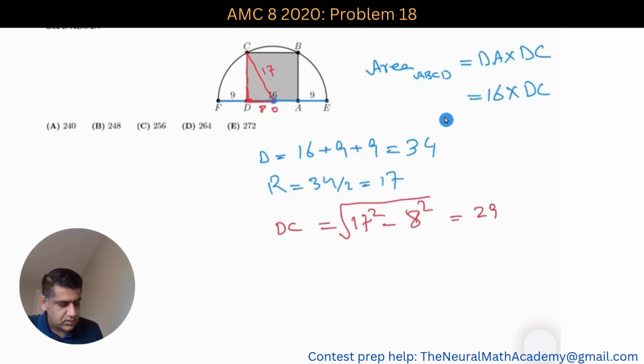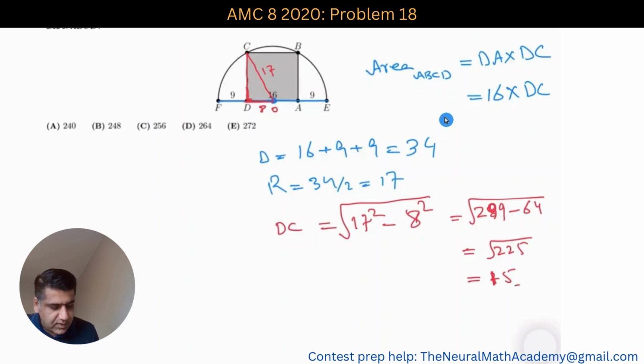So then we would simply get 289 minus 64, and that is 225, which has a square root of 15. And this length, if I write it, is 15.